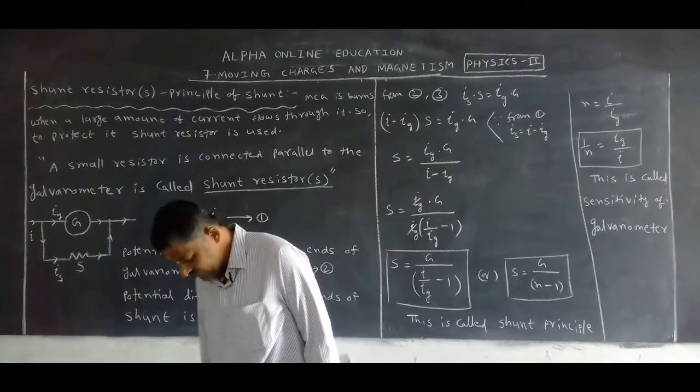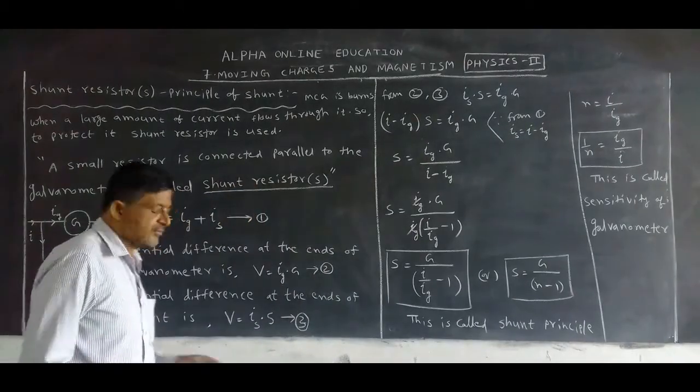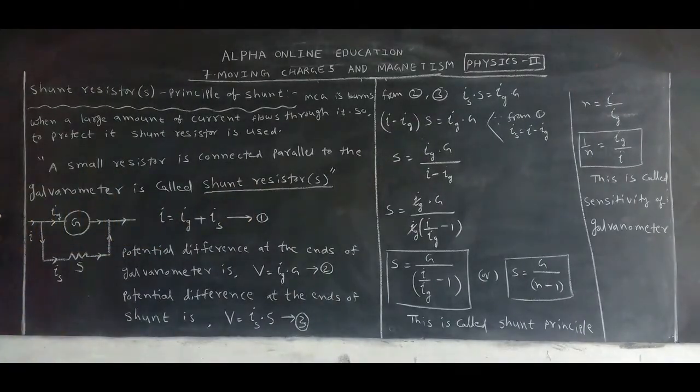When the large amount of current enters here as I, it is distributed as Ig in the galvanometer and Is in the shunt resistance. In the galvanometer a number of turns are present, so the resistance is more, so the flow of current is less here.